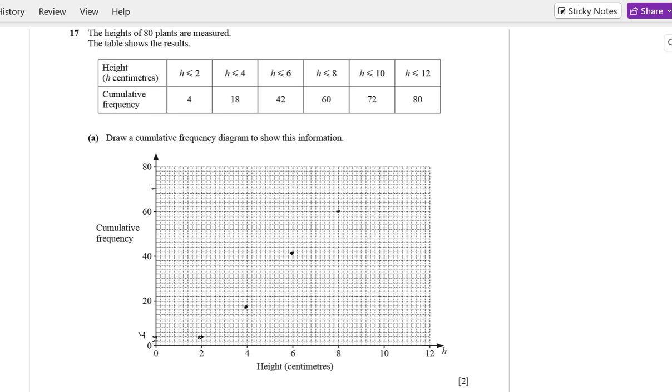So if this is 70, this should be 72. And finally, for 12, it's 80. Your curve should be smooth.